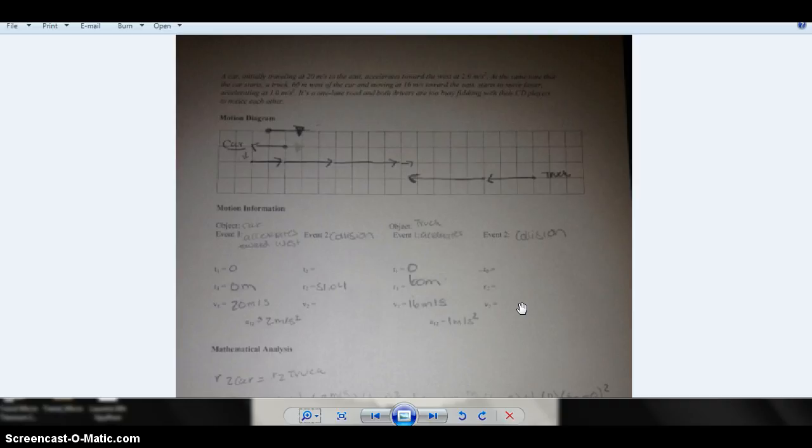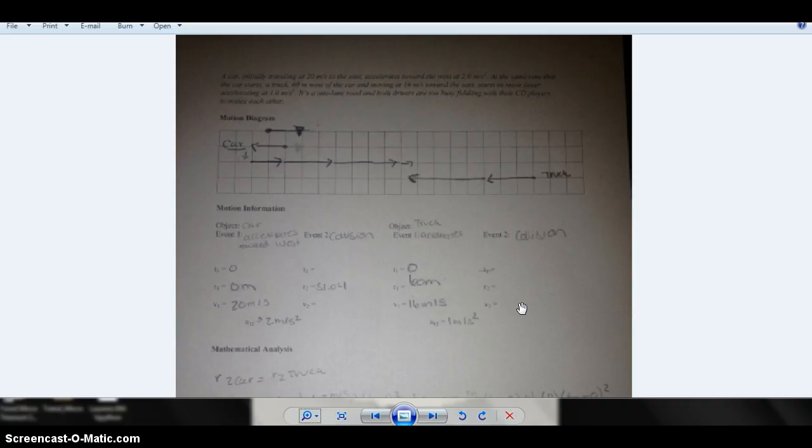So specifically I had to try and find positions for the equations for the car to be able to equally run into the truck as the truck collides with the car.